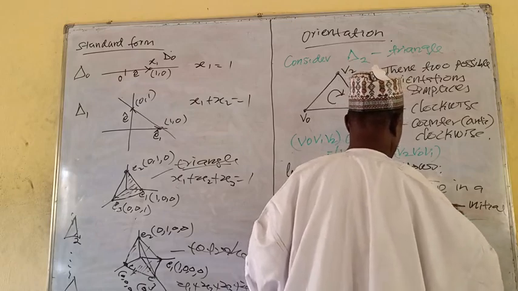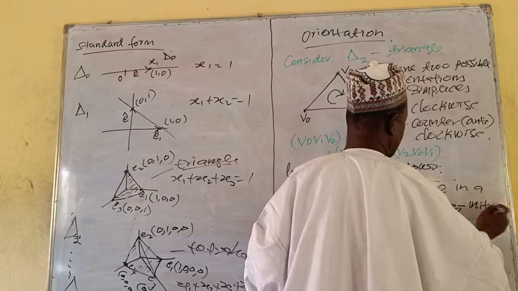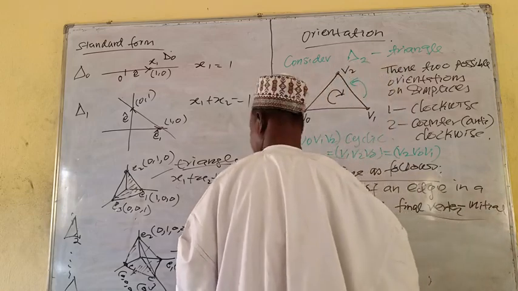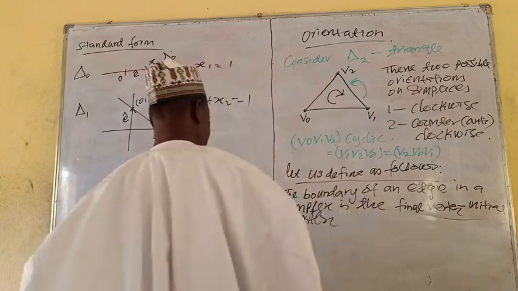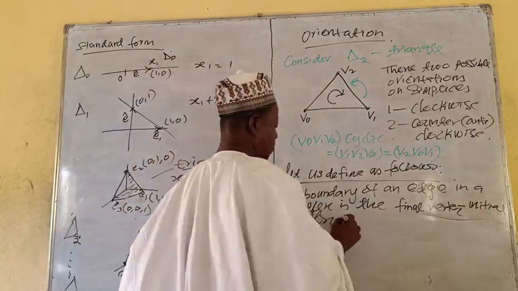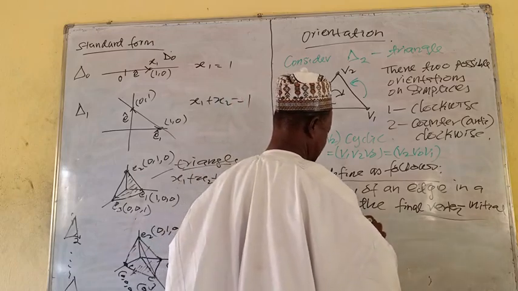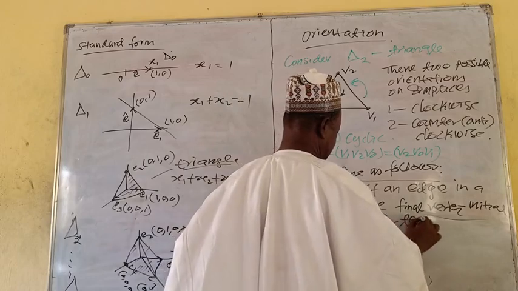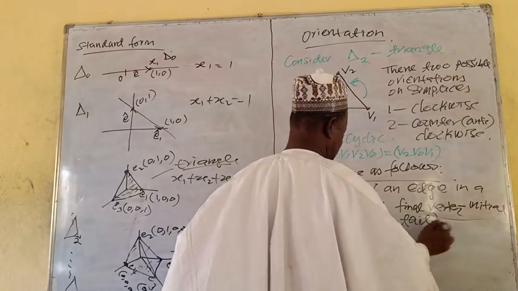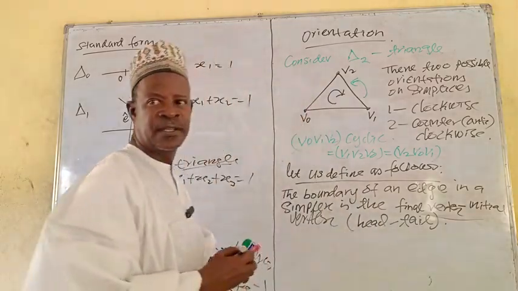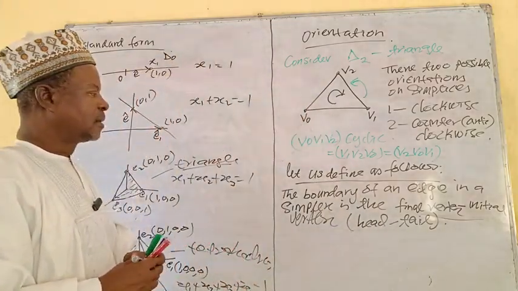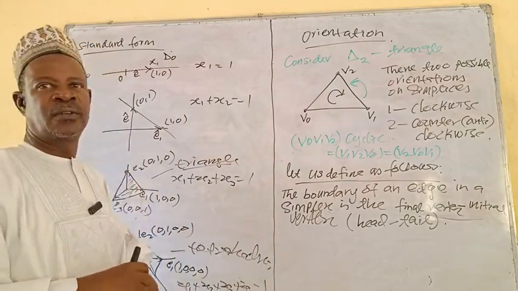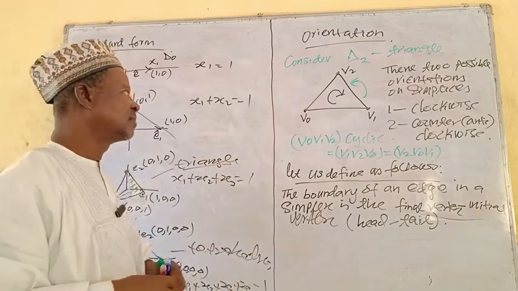Let me be calling this final vertex minus initial vertex. Another way they call this one is head minus tail, depending on how you want to call it. You either call it final vertex minus initial point, or you call it head minus the tail.